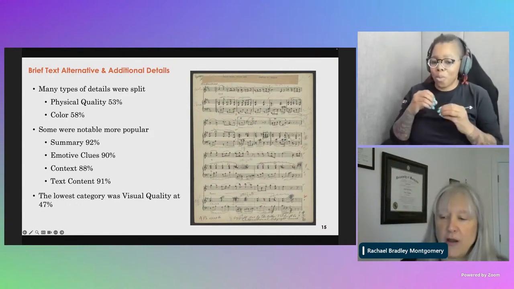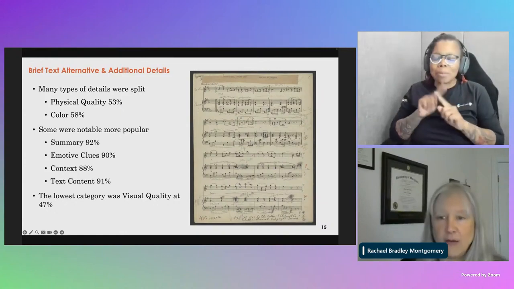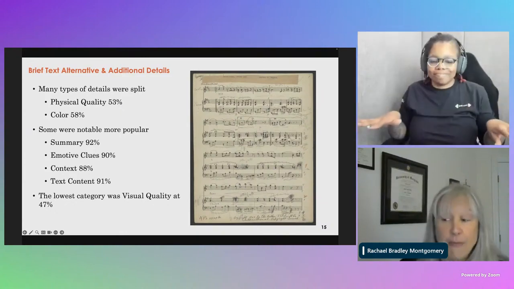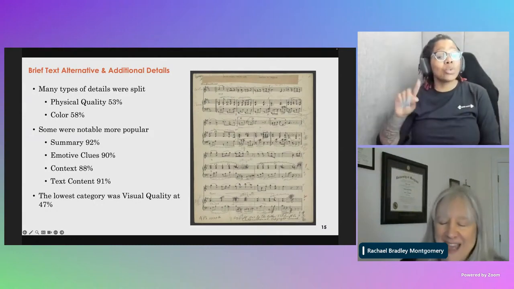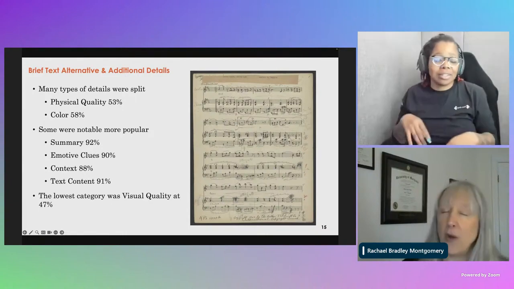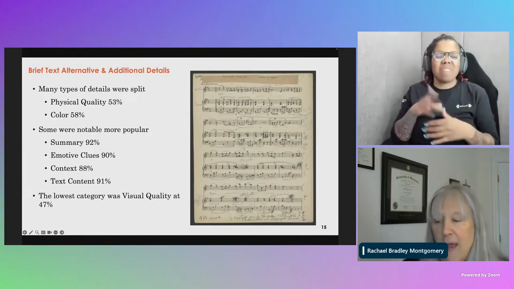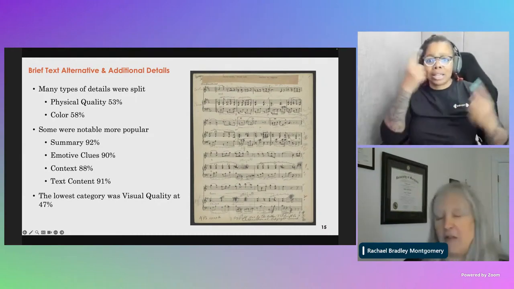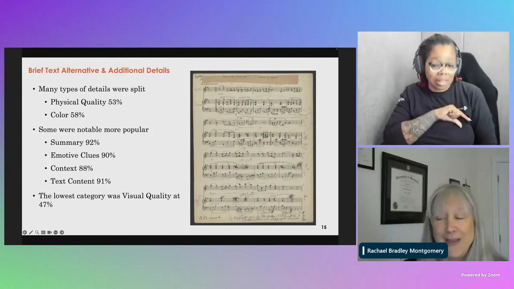We originally started thinking about emotion and mood together, but it became very clear as we went into these conversations that they were different. 88% wanted context. 91% wanted text content, and in fact, often people wanted all of the text content. I'll talk about that as well. But the lowest category was visual quality, and the lowest category was only 40%.